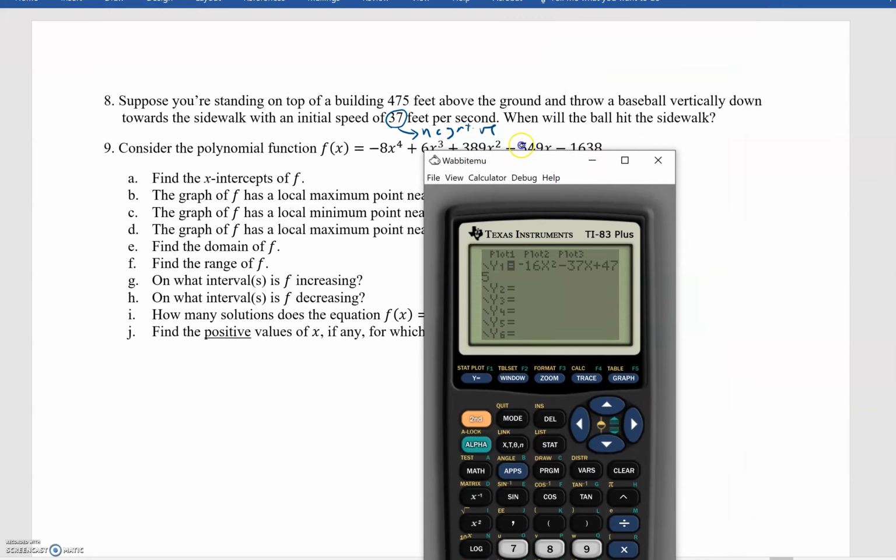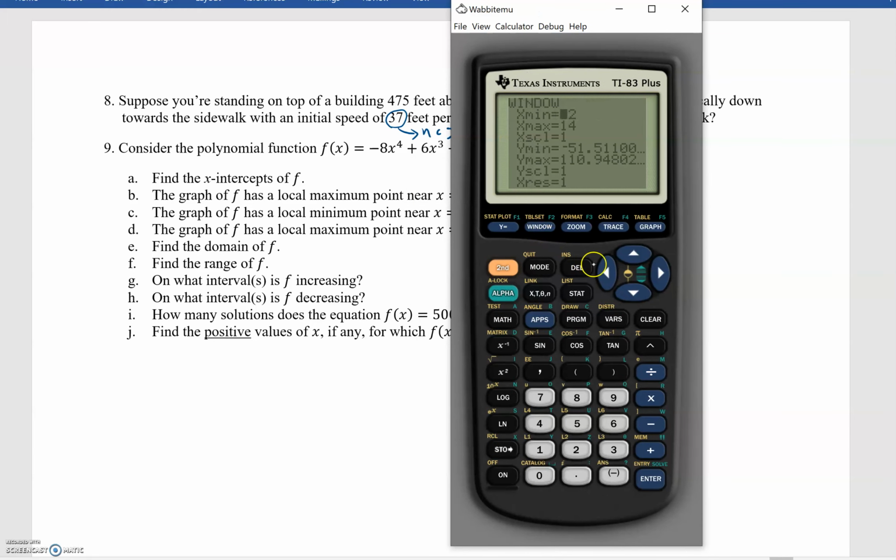Now if you want to find when the ball hits the sidewalk, let's do a zoom fit here. Terrible picture, but it's still usable. That intersection right there is going to be what we're looking for. So let's do calc 0. Go to the left.